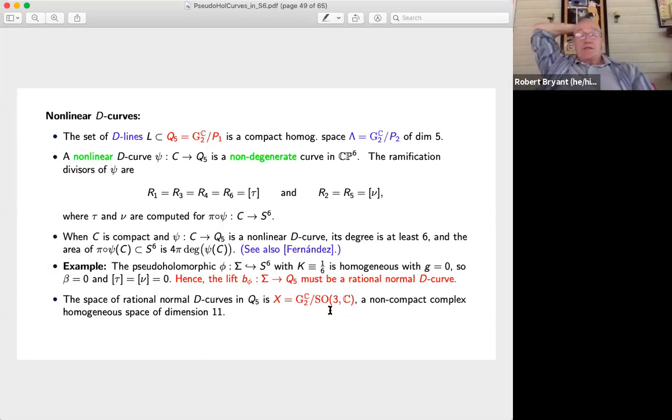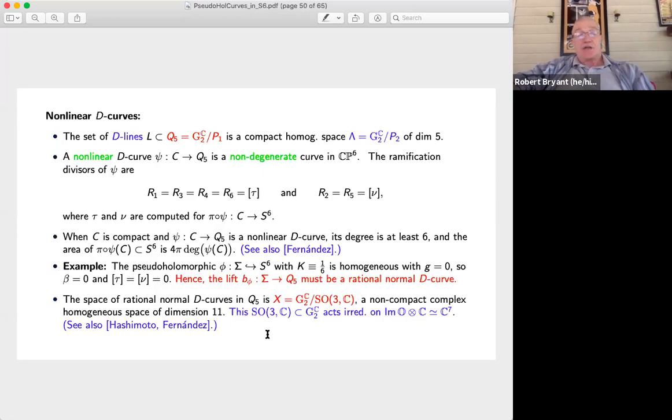In fact, it turns out that the space of these things is G2C modulo SO3C, where G2C acts on Q5 preserving D. It's a homogeneous space which is not compact. It's a non-compact complex homogeneous space of dimension 11. And this SO3C is actually the complexification of the SO3 that we saw earlier when we first wrote down sigma. So there's a large family of these things.